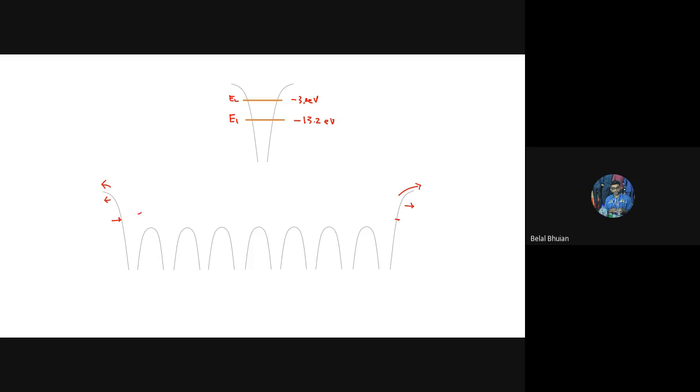So the electrons are bound to move between two walls. As the electron is moving in this space, it periodically experiences potential. This electron is experiencing this potential, moving here it experiences this potential, then this potential, this potential.